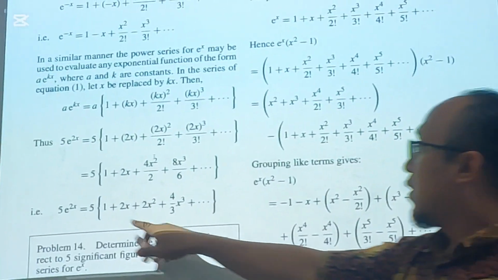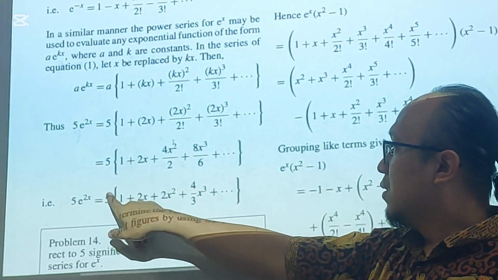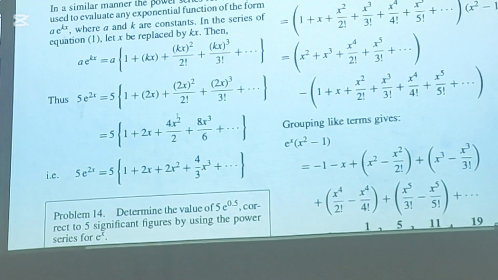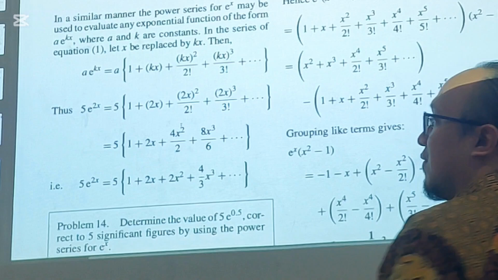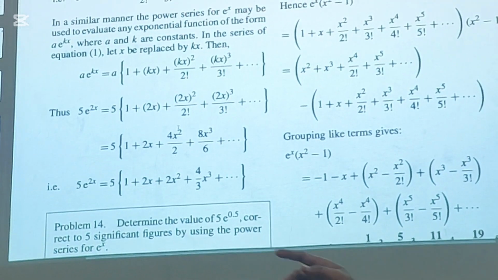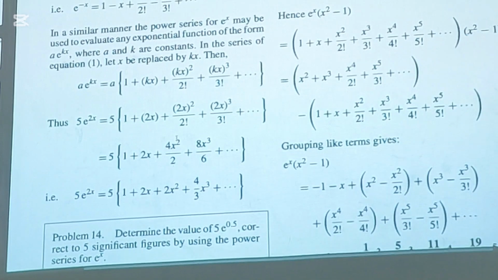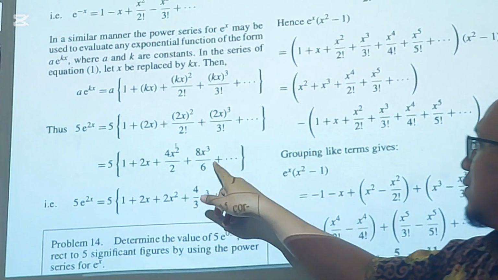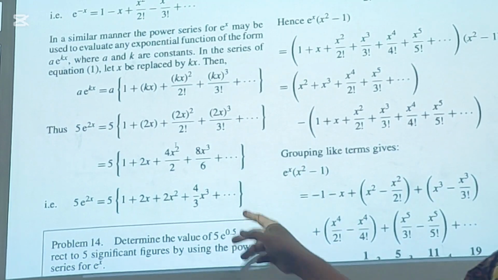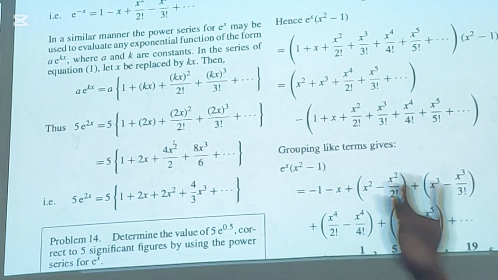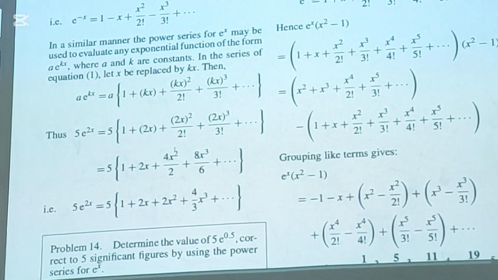And don't forget to multiply by 5, for all of the series. But because the series is unlimited, the three dots indicate that the series is very long.